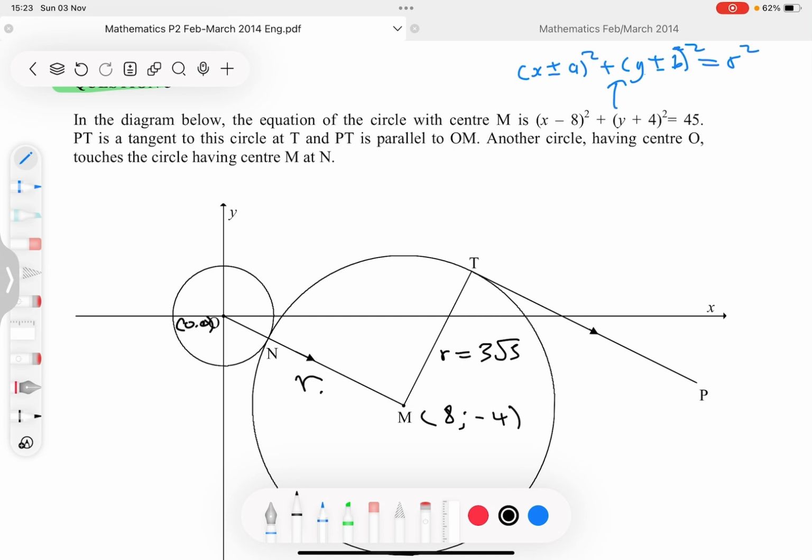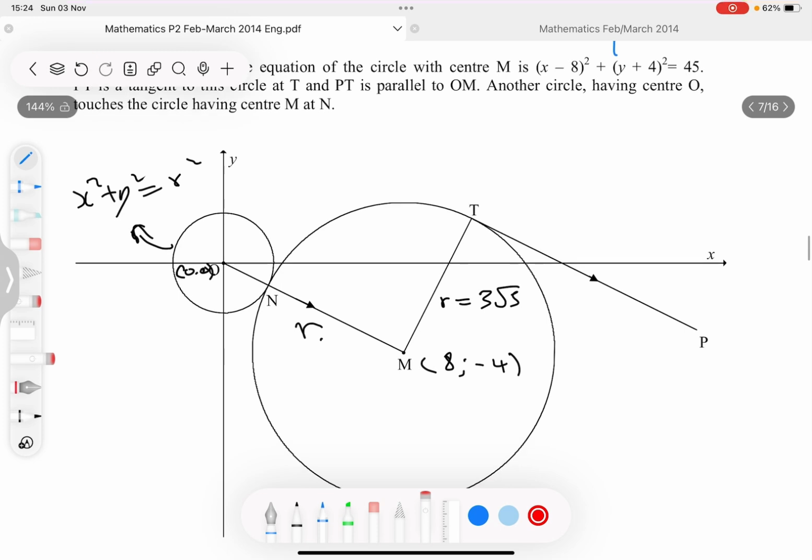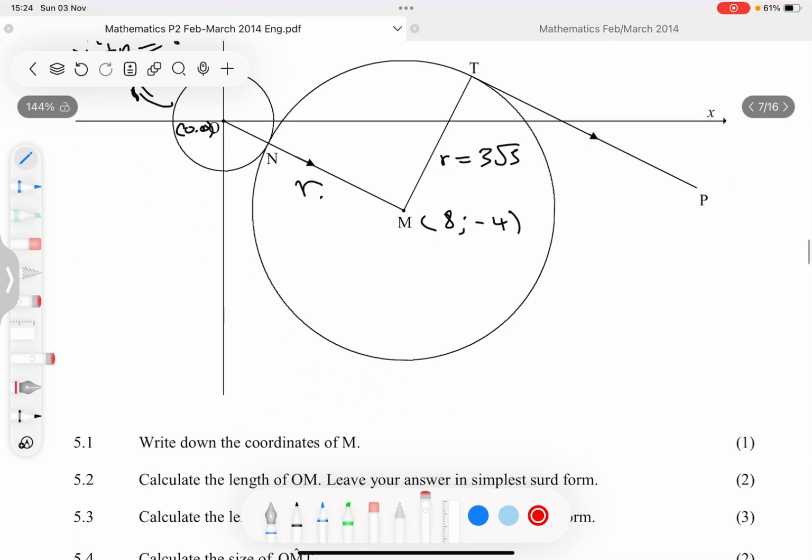And this means this circle here is given by the equation x squared plus y squared is equal to r squared, right? Even though we don't know r, we can see here that our r is on, I mean to say, right? But we don't know it. So that's what's happening in this question. Not complicated. I think it's straightforward. Let's go try to answer the questions.